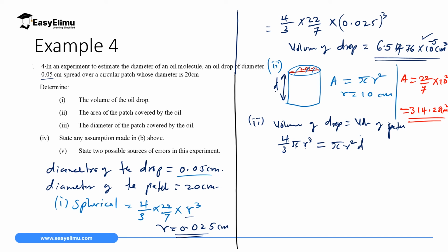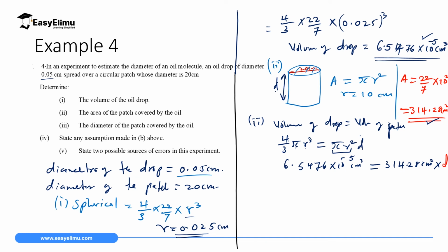So here we'll just place it: 6.5476 times 10 raised to power -5 cubic centimeter is equal to the area. Pi r squared is the area we have calculated up here, which is 314.28 square centimeter, times the diameter of the patch, which is D.